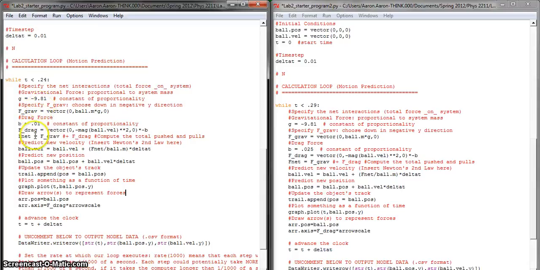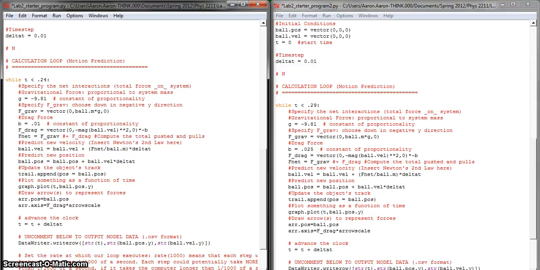For the force of gravity, I made it a vector of just the ball's mass times the force of gravity, which is negative 9.8. And then the ball's position would just be the ball's position from the previous frame plus the ball's velocity times the change in time, and the velocity can be found from the net force divided by the mass times the time, plus the initial velocity.